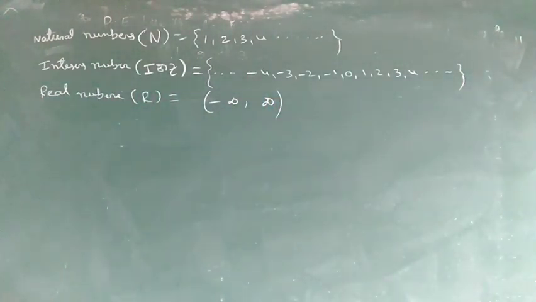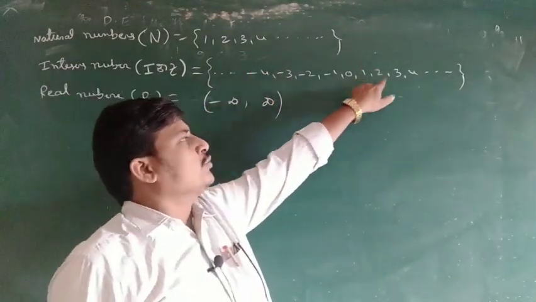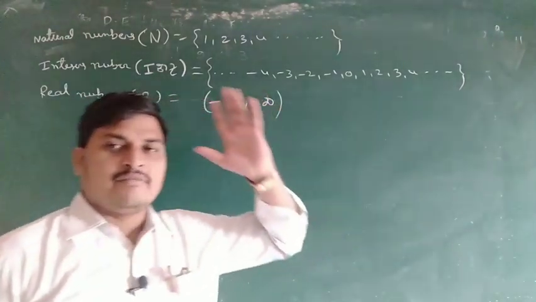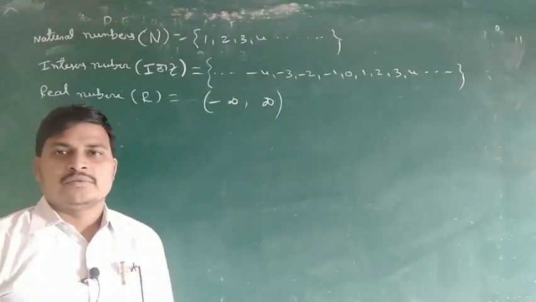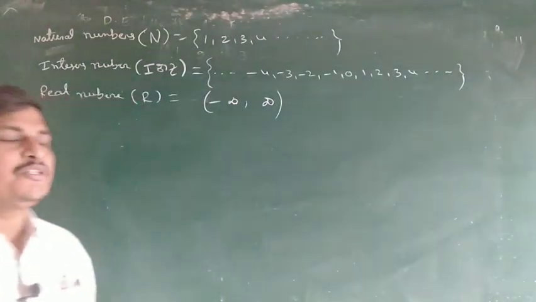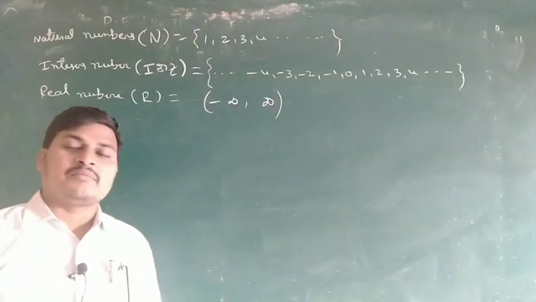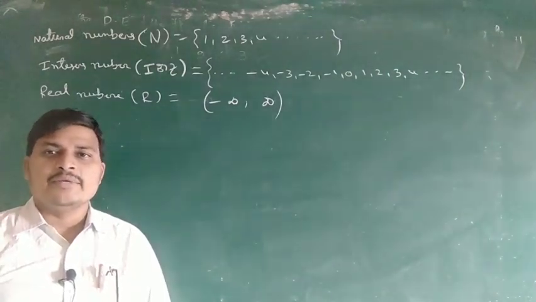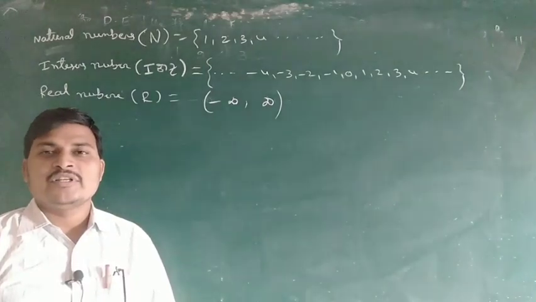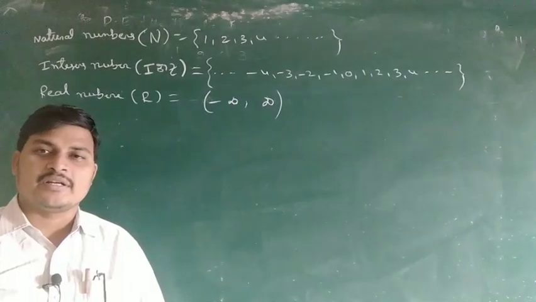Between 1 and 2 there are infinite numbers: 1.1, 1.2, 1.3, 1.01, 1.02, 1.03. This is not a finite set, there are infinite numbers between 1 and 2.